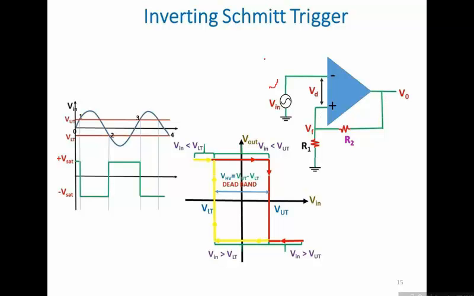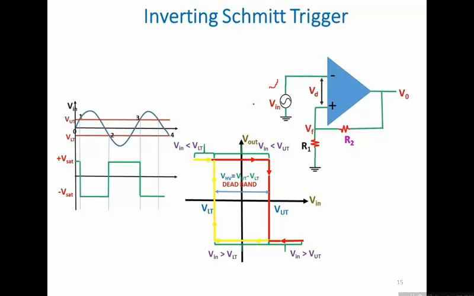So for a Schmidt trigger there would always be positive feedback, and for an inverting Schmidt trigger this feedback is on the positive terminal and the input is at the inverting terminal of the op-amp. So this circuit is called the inverting Schmidt trigger. Now we are going to see how this circuit would operate.